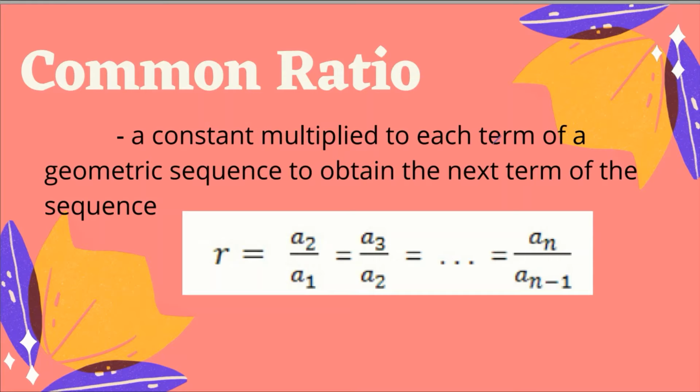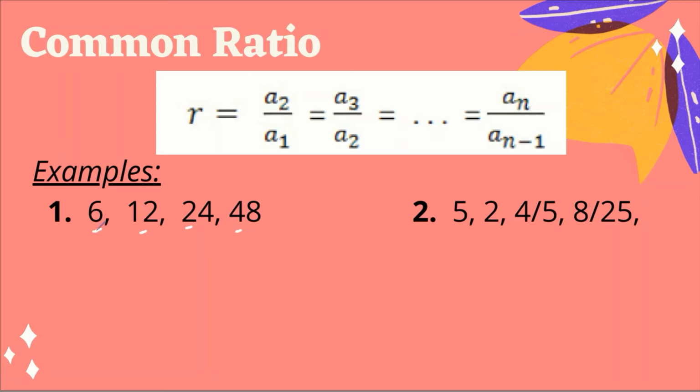Okay, so let's take these examples. We have example number 1, 6, 12, 24, 48. So by looking at it, we know already that the common ratio is 2 because we are multiplying each term of the sequence by 2. But let us just show how to find the common ratio using the formula.